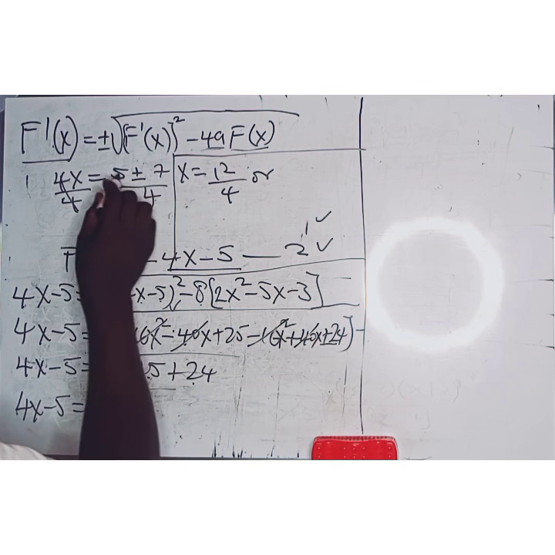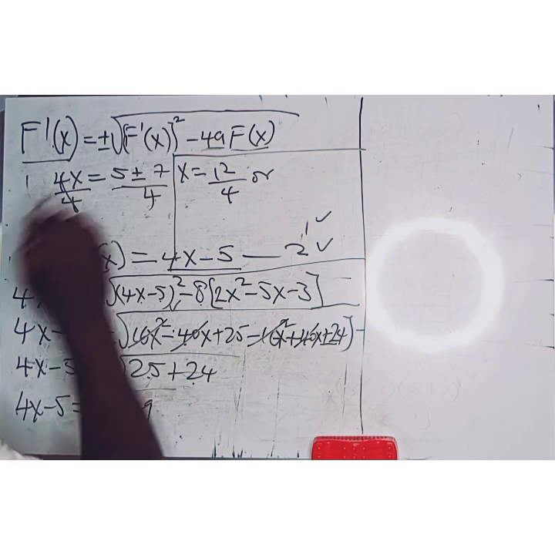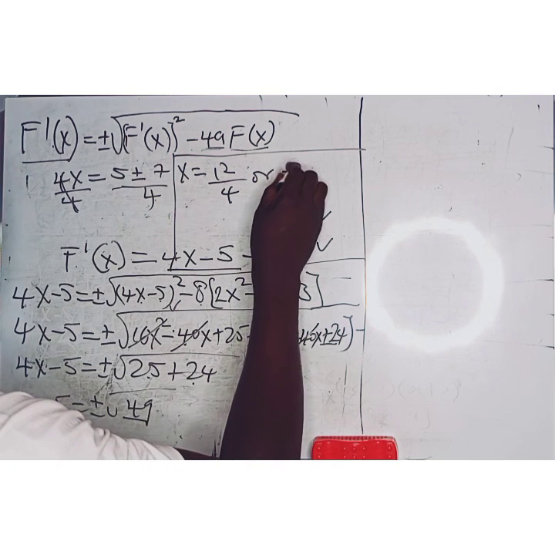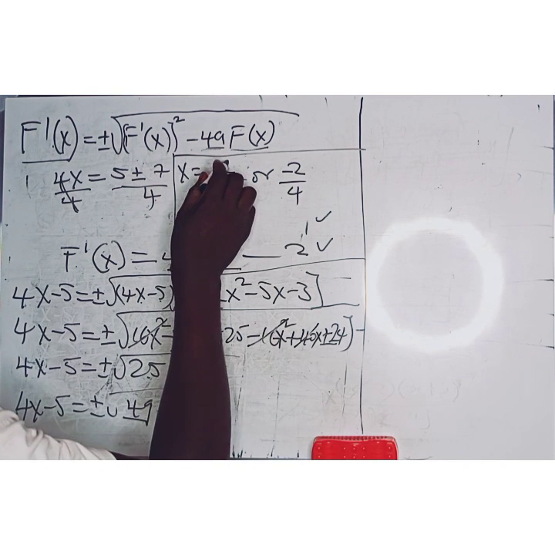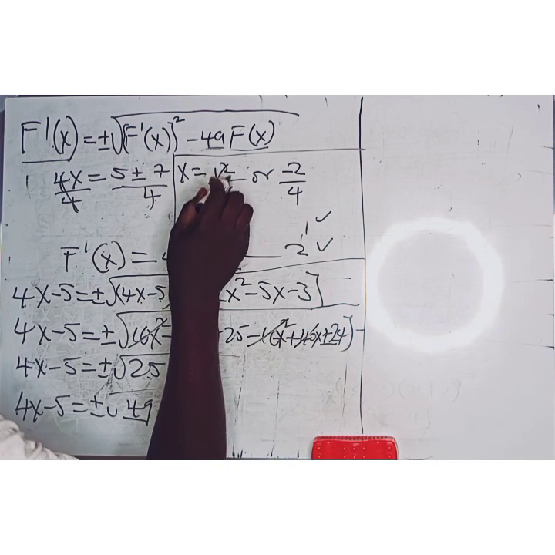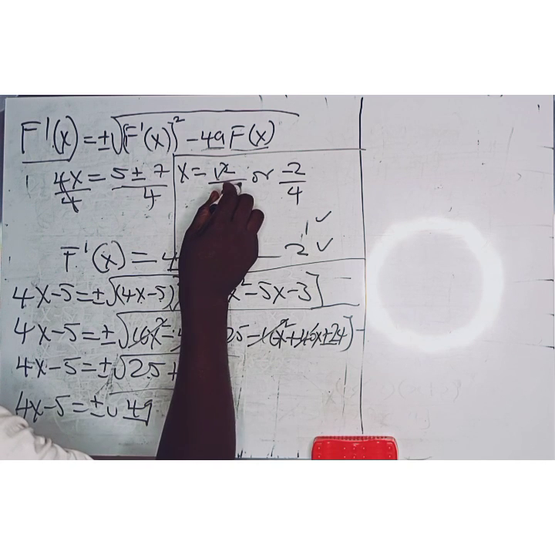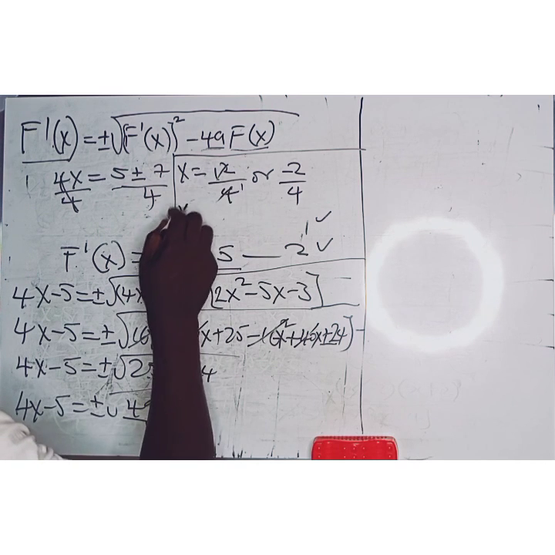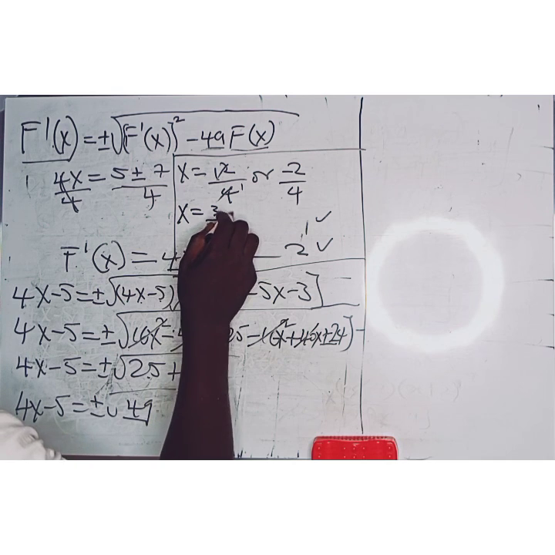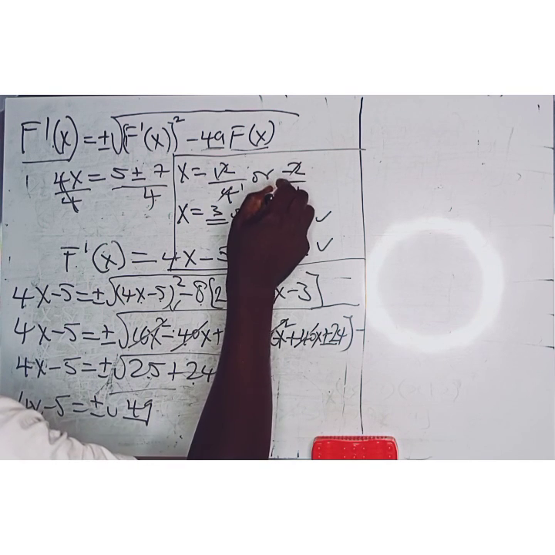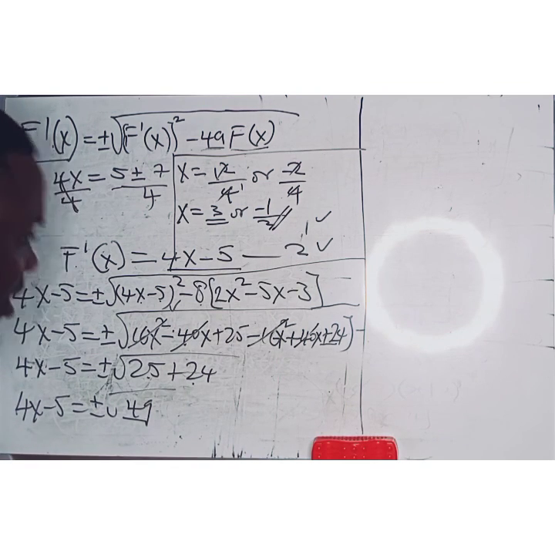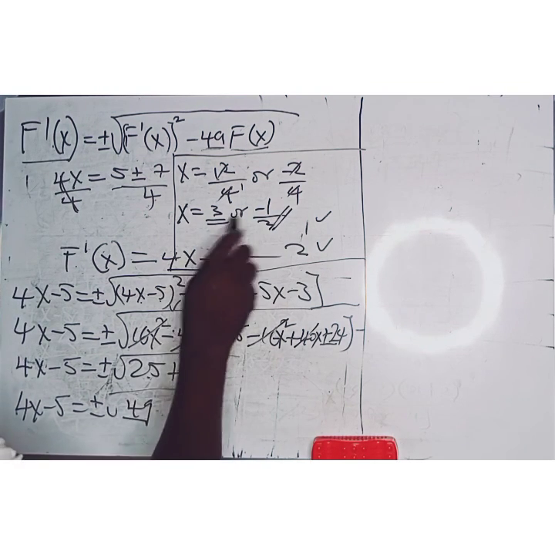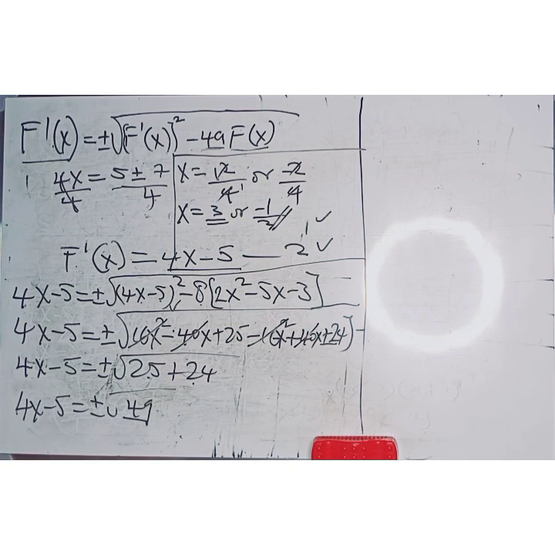Or for the minus sign, 5 minus 7 gives me minus 2, right? All over 4. So, 4 by itself is 1, 4 by this is 3. Therefore, x is equal to 3. Or, 2 by itself here is minus 1, 2 by 4 here is 2. So, do you see? Actually, I've gotten the zeros of the quadratic equation that I wrote before.